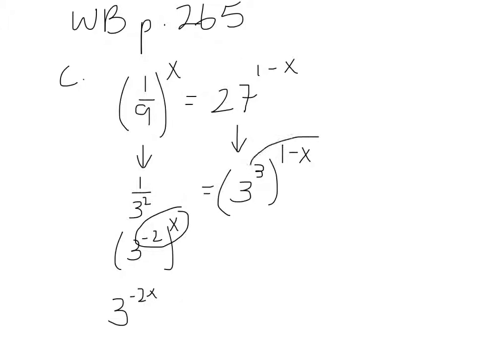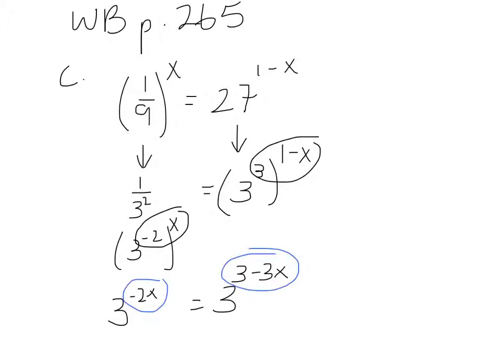We're going to multiply these exponents, meaning distribute, so that's 3 to the 3 minus 3x. Now that the bases are the same, we can choose to focus only on the exponents and set them equal to each other. Adding 3x to both sides here, x equals 3.